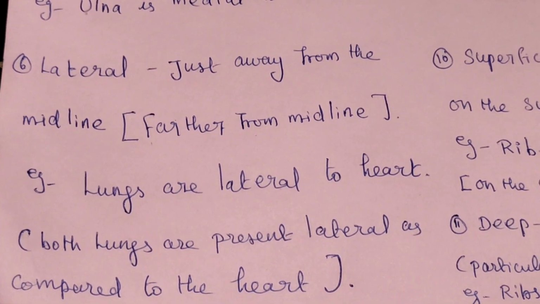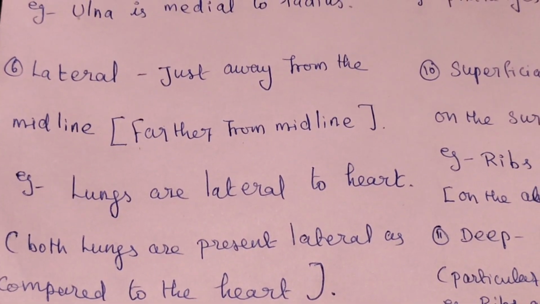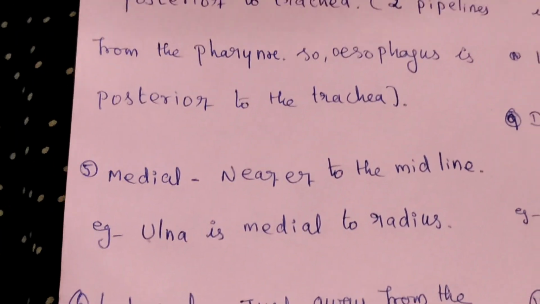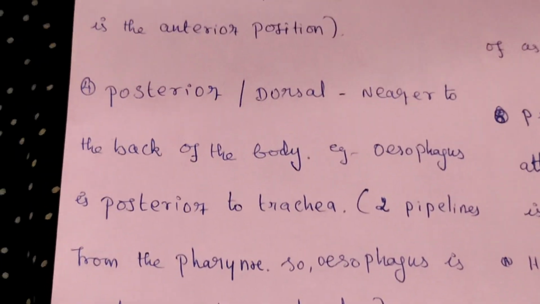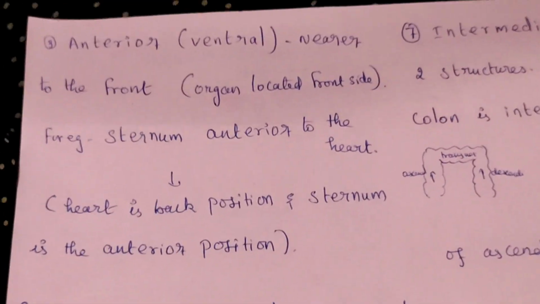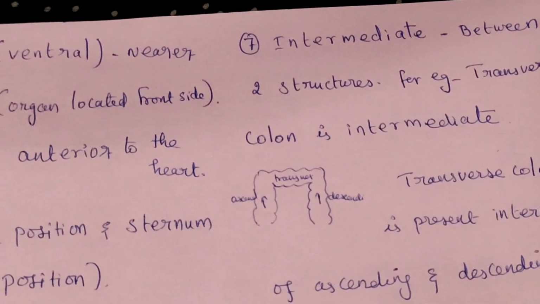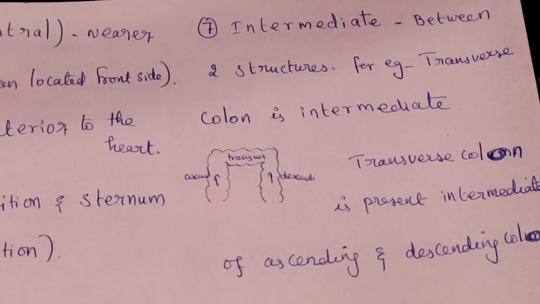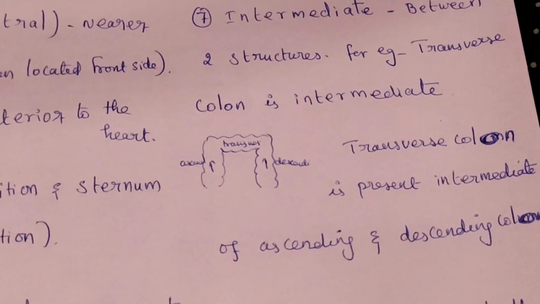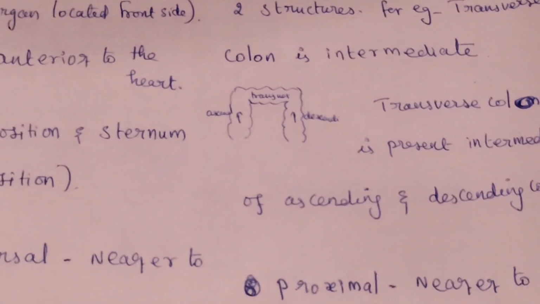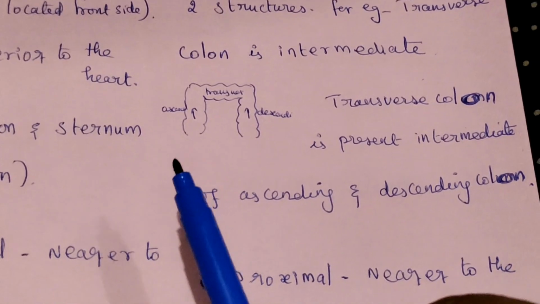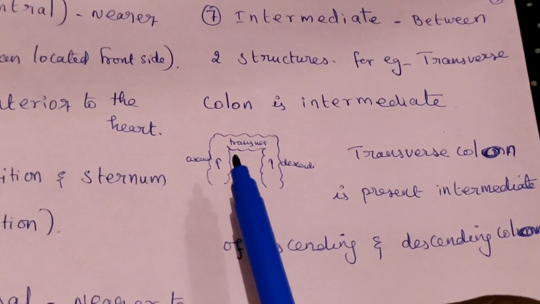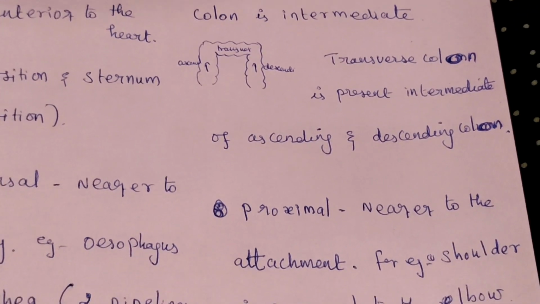Both lungs are lateral as compared to the heart. Then intermediate, between two structures. For example, the transverse colon: this is the ascending colon, this is the descending colon, and in between, intermediate, the transverse colon is present.